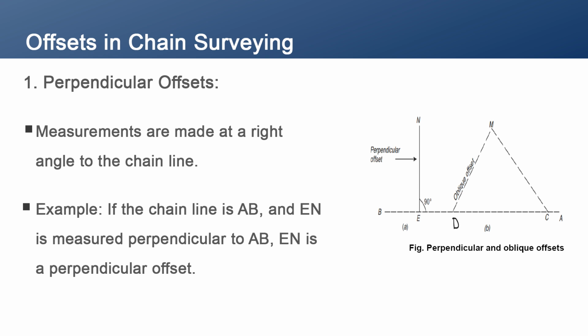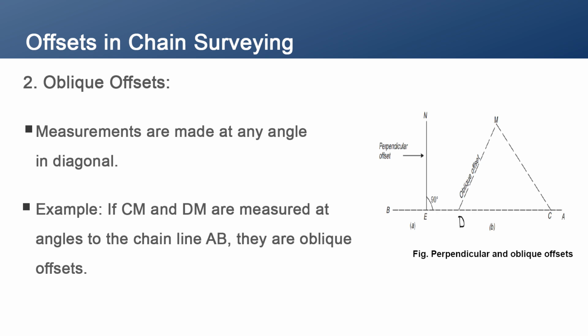It is like measuring the straight line from the edge of a table to the wall. In the figure, EN is a perpendicular offset on the right side of the chain line AB. Next is the oblique offset. It means if you measure the distance at an angle, like from a chain line to a fence at a diagonal, that is an oblique offset.